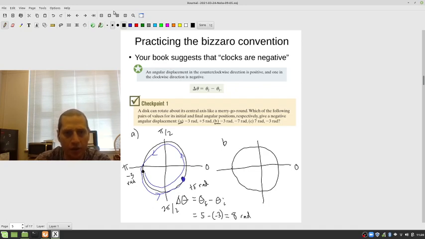Let's do another example here. What if we go from -3 radians, so that's the same place right there, to minus 7 radians. Okay, now this sounds a little bit tricky to think about because here I'm going around.